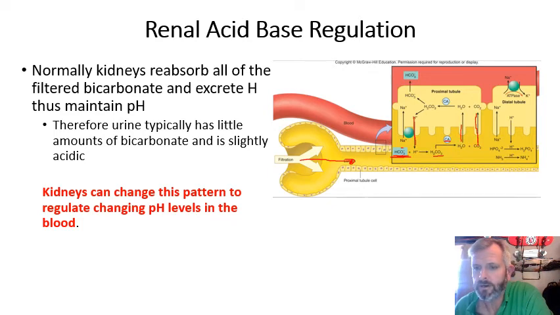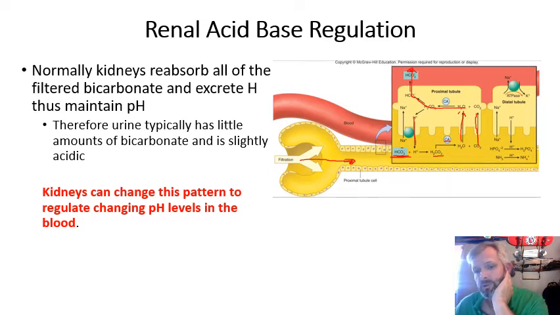It is the water and the CO2 that get reabsorbed out of the lumen. Once in the cell, the carbonic anhydrase in the cell converts this to the bicarbonate, and now bicarbonate will be reabsorbed back into the bloodstream.